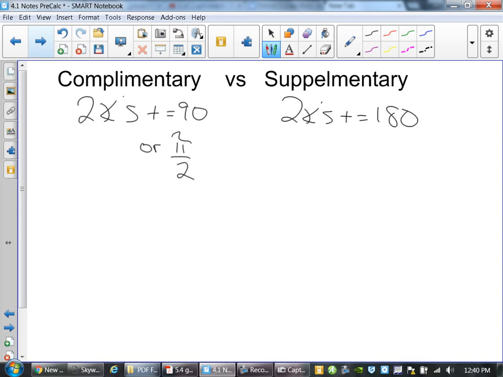And then this would probably be the only new thing that you might see today: how do you get a complementary angle of pi over 6? What's complementary to pi over 6? But what does it have to add up to equal?